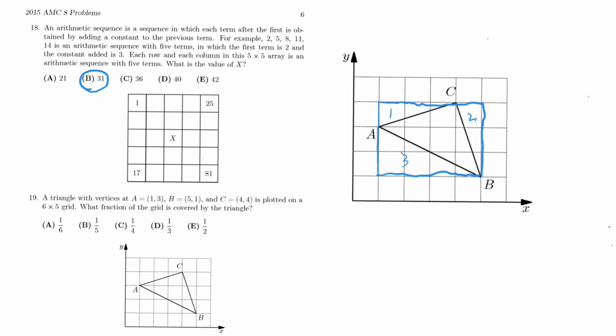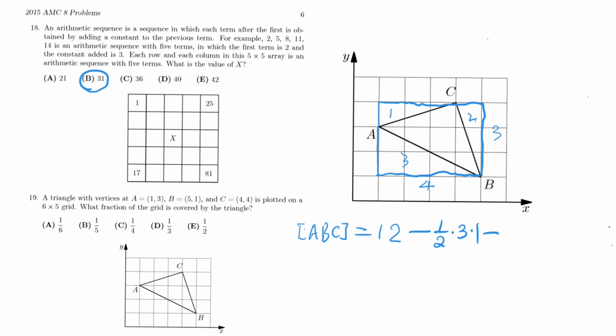So the area of ABC equals 4 by 3. So 3 times 4. This side is 4, the width is 3. That's 12. Minus part 1, that's the right triangle, 1 over 2 times base 3, height 1.